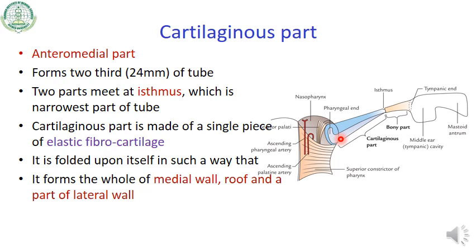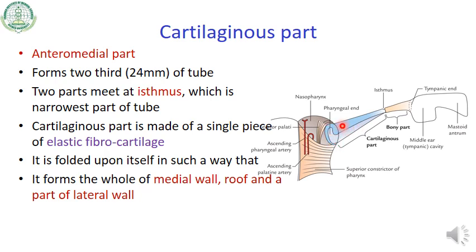Or you can say the lateral wall is formed by... so this is the medial wall, this is the roof, and this is the lateral wall. Medial wall, roof, and the lateral wall.